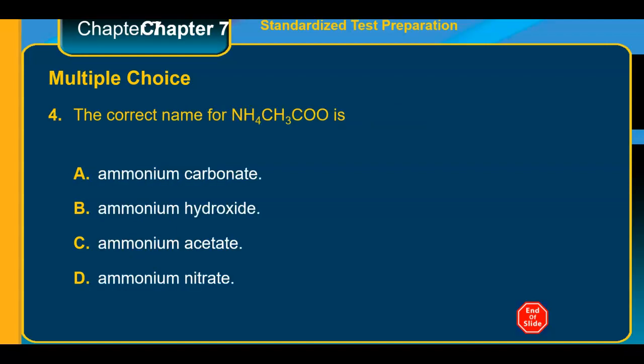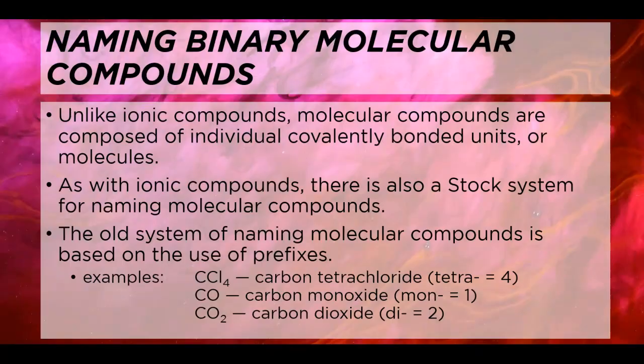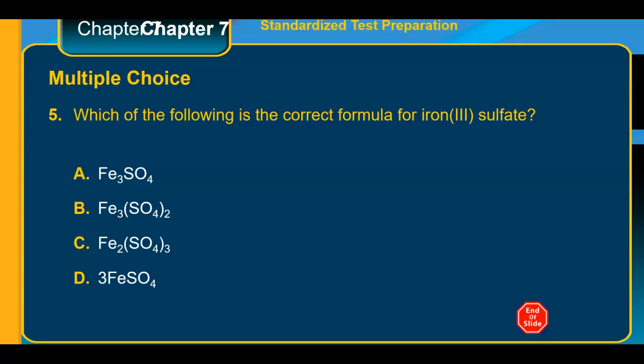Then with this one, can you give me the correct name for NH4CH3COO? And then with this question, which of the following is the correct formula for iron(III) sulfate? So I wanted to give you some extra practice there.